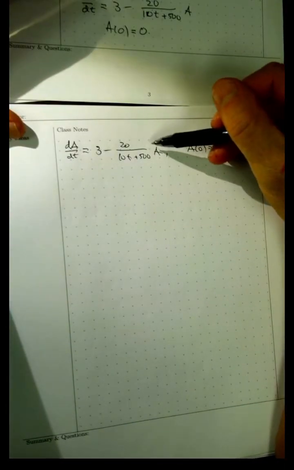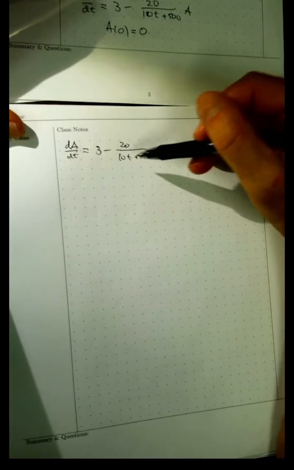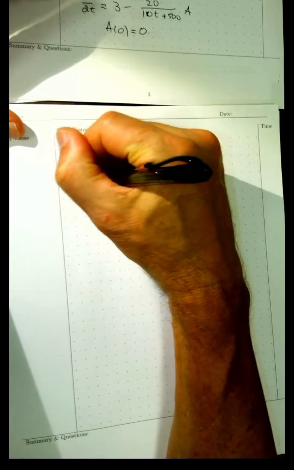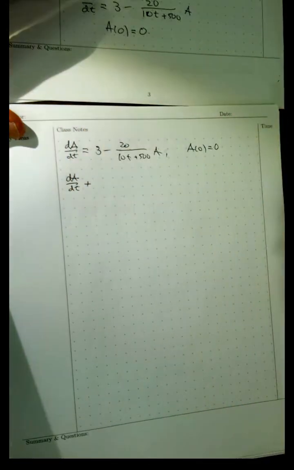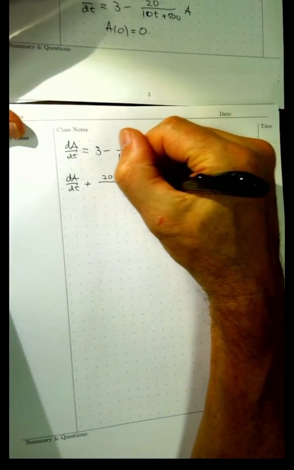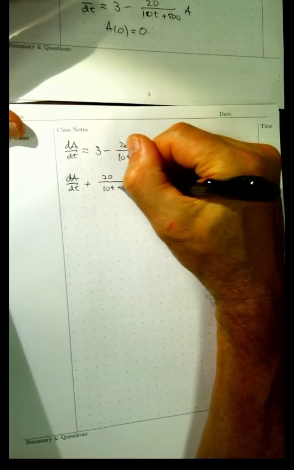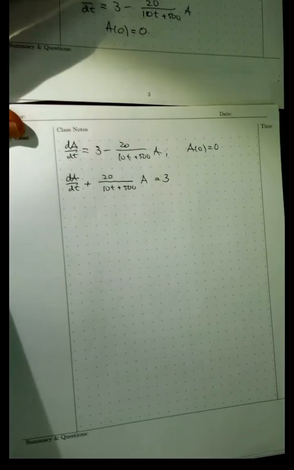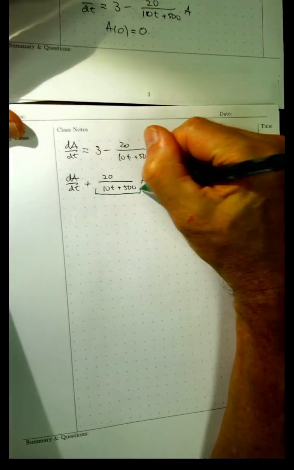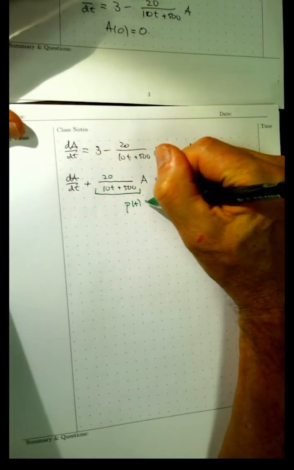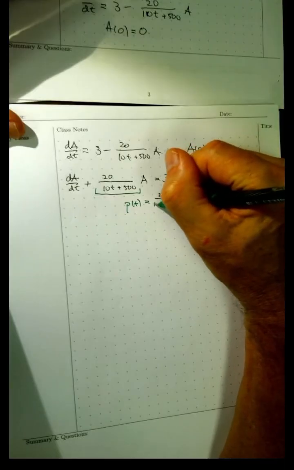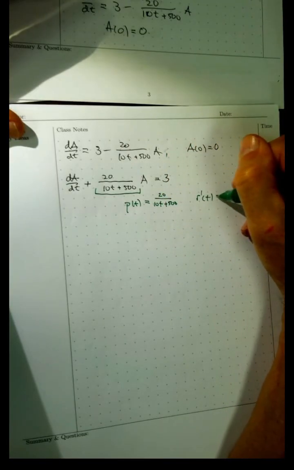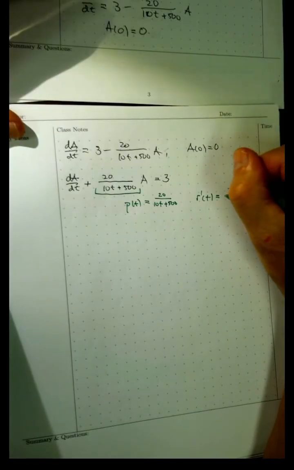Okay, again, it's not separable. My t's and A's are all combined, so I'm going to have to write this in a way which allows me to use an integrating factor. The idea behind the integrating factor is that this is my P of t. So R prime of t is whatever that is.